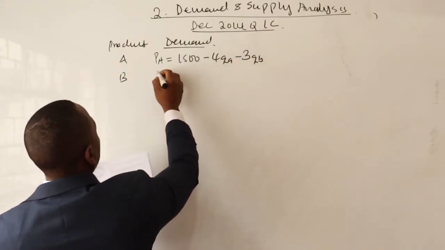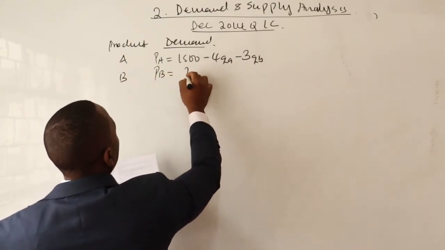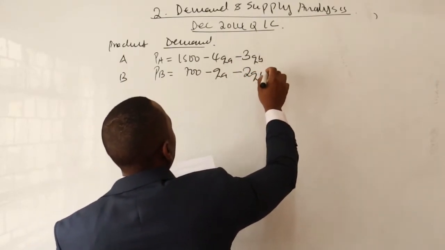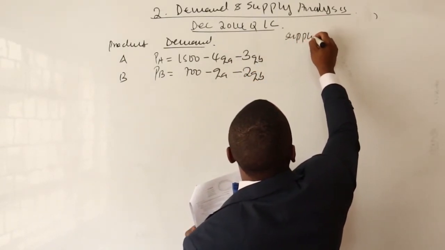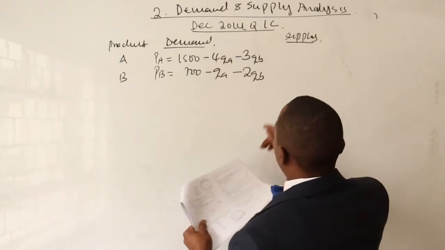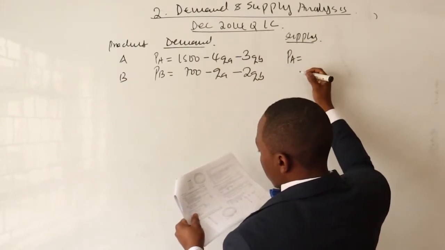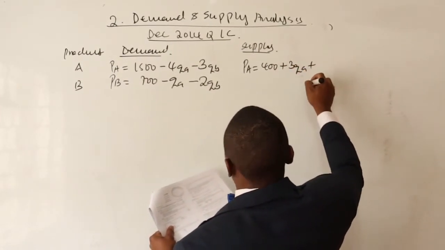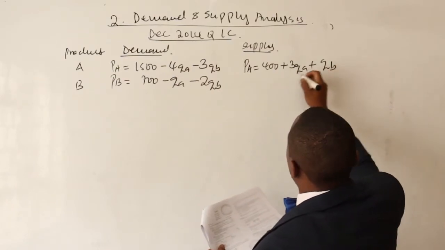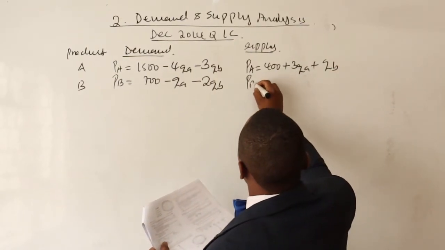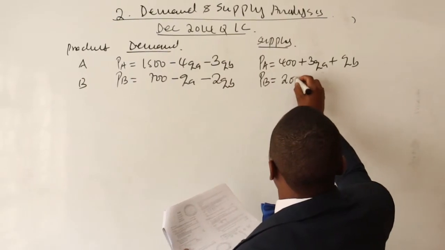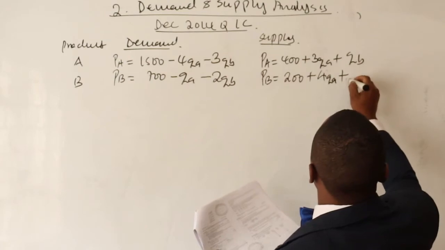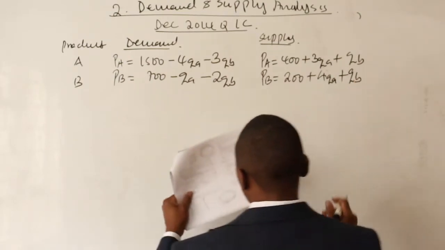For product B, PB is 700 minus QA minus 2QB. For the supply, PA is equal to 400 plus 3QA plus QB, and PB is 200 plus 4QA plus QB.